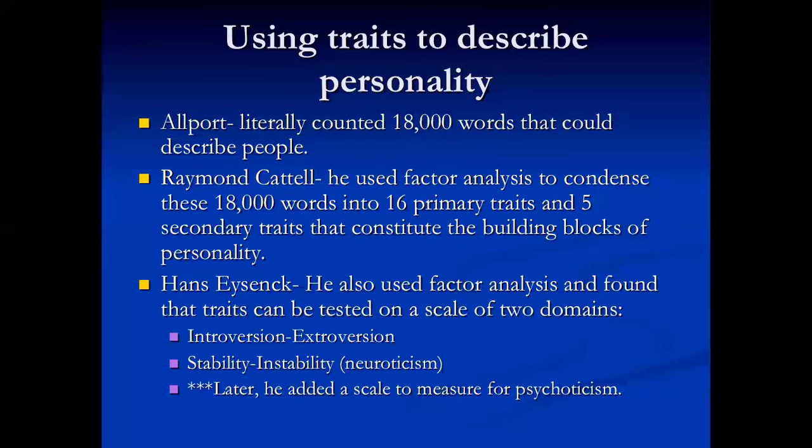And he used a mathematical procedure called factor analysis, where he correlated words that are linked, right? So he took those 18,000 words and was able to shrink it down to 16 primary traits and 5 secondary traits of personality. So I'll show you the 16 primary factors in a minute.